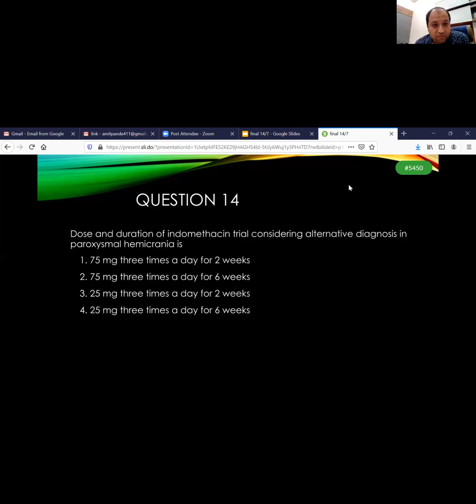Question number 14. Dose and duration of indomethacin trial considering alternative diagnosis in paroxysmal hemicrania is: 75 milligram 3 times a day for 2 weeks, 75 milligram 3 times a day for 6 weeks, 25 milligram 3 times a day for 2 weeks, or 25 milligram 3 times a day for 6 weeks.